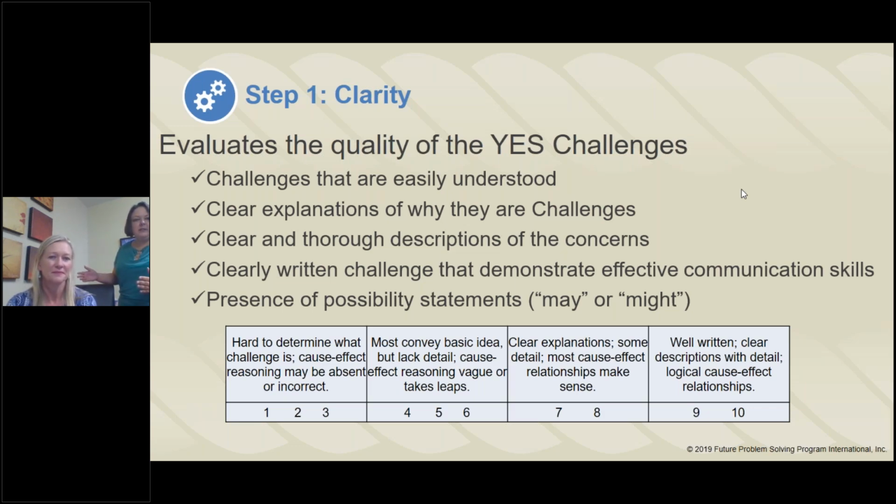So especially in a team situation, you might have one student that's been participating for years and one that it's their first year. So there were 3 challenges accepted as a yes, but were much more of a basic level challenge and didn't really exemplify clarity, while there were others that were much more effectively communicated. And that's where this scale comes into play.